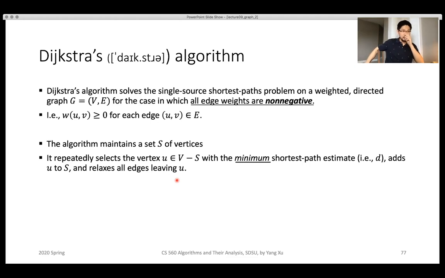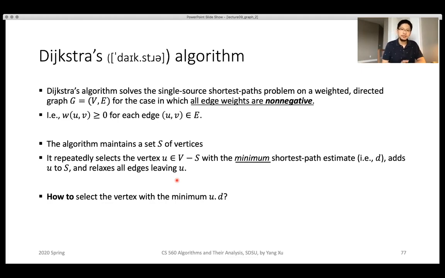Imagine that we want to find a globally optimal shortest path, but we don't know if the current option will lead to the global optimum, but it is the locally best option, and then we just choose that one. So it's quite a typical greedy algorithm paradigm.